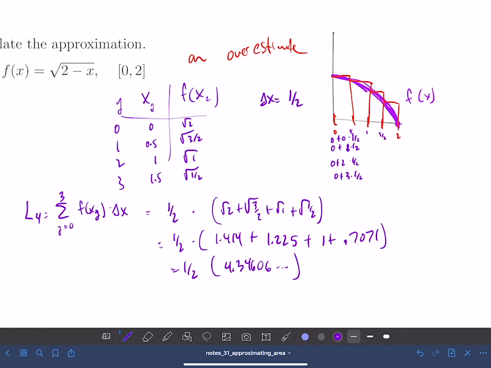It's an irrational number. Times 0.5 is about 2.173.